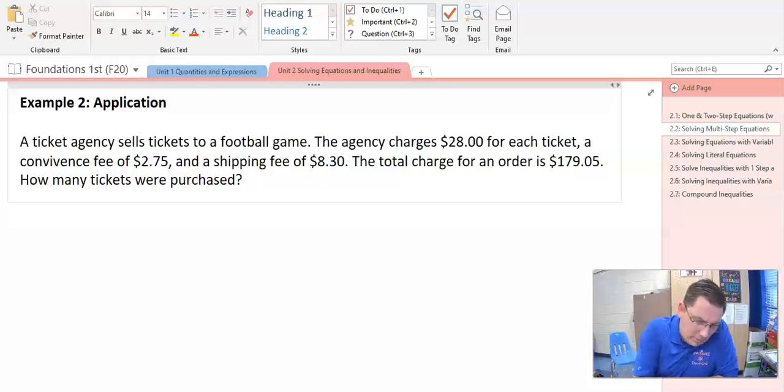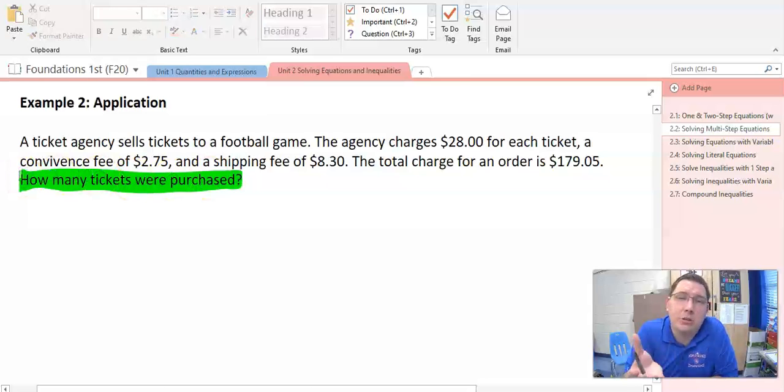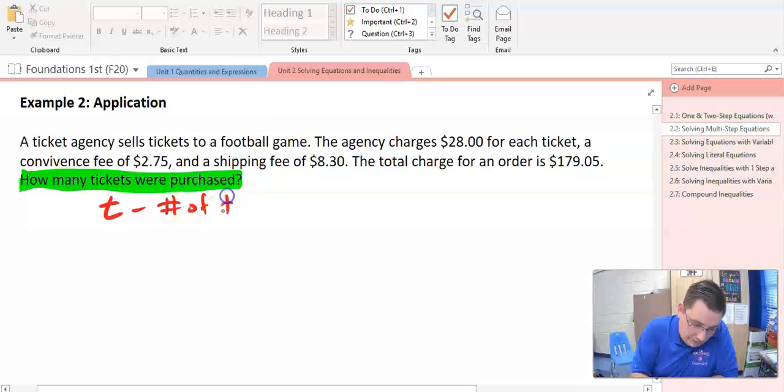Well, remember that when you're reading this statement, when you get to that question of how many happened, that clues you into the variable you need to use, right? And so T is going to stand for the number of tickets purchased. Now, what other information do we know in this problem?